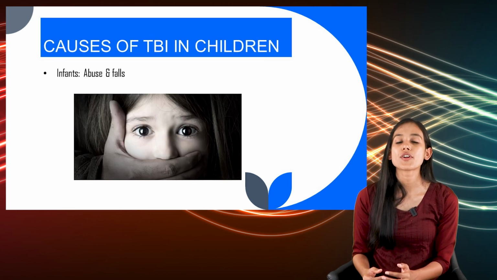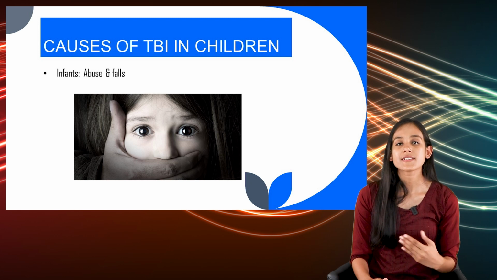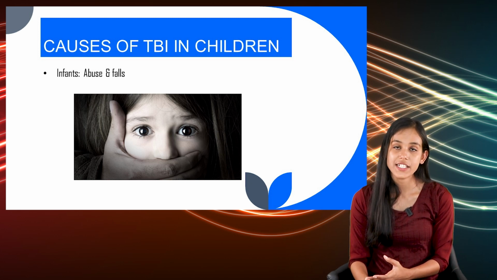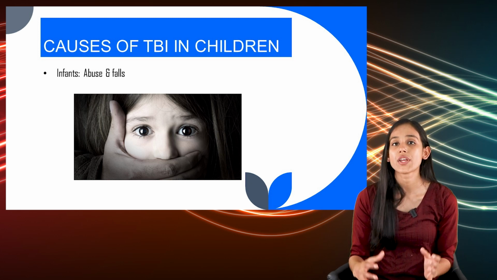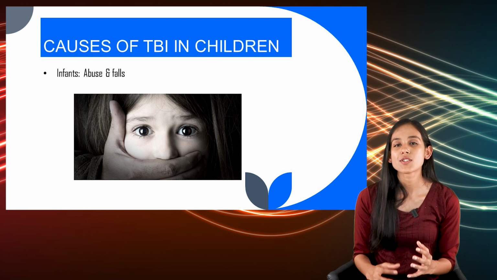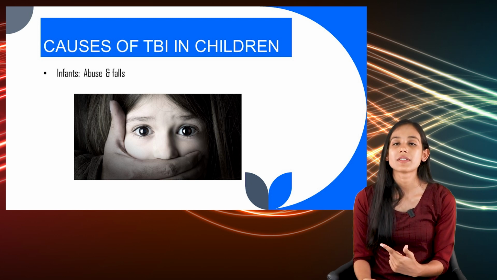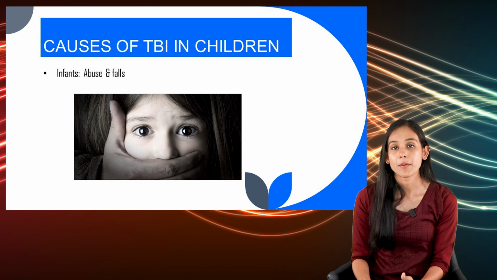Next, let us move on to the causes of head injury in children. While discussing the causes, we will go according to their age. First, in infants, what can be the cause? There might be falls or abuse.